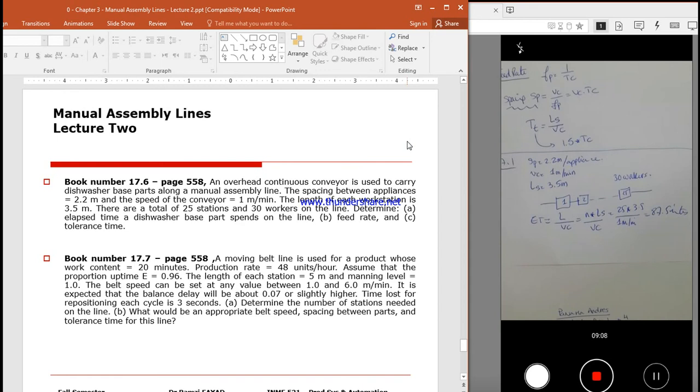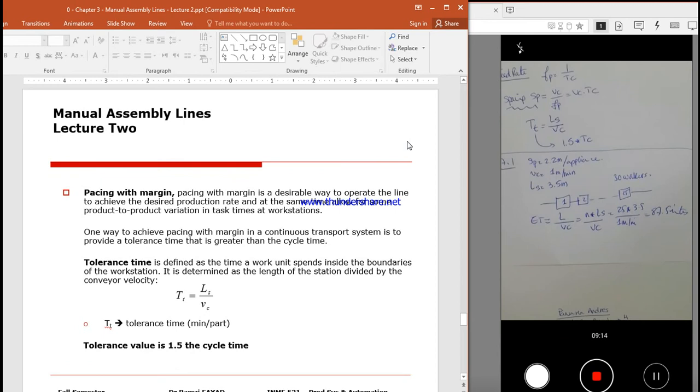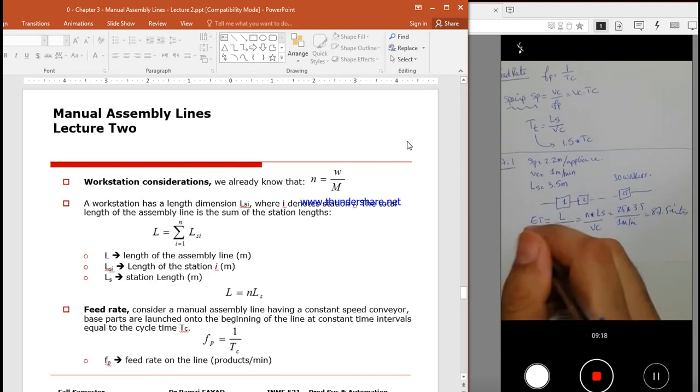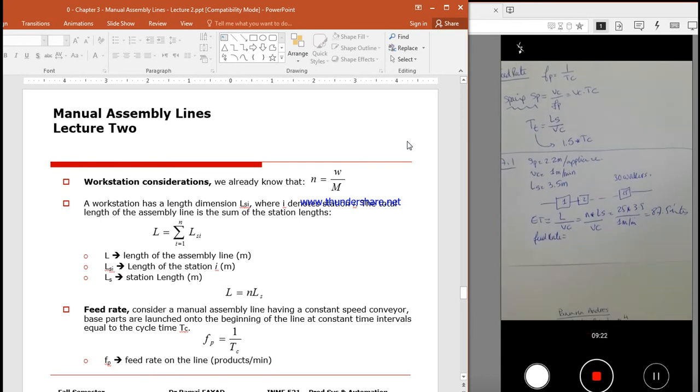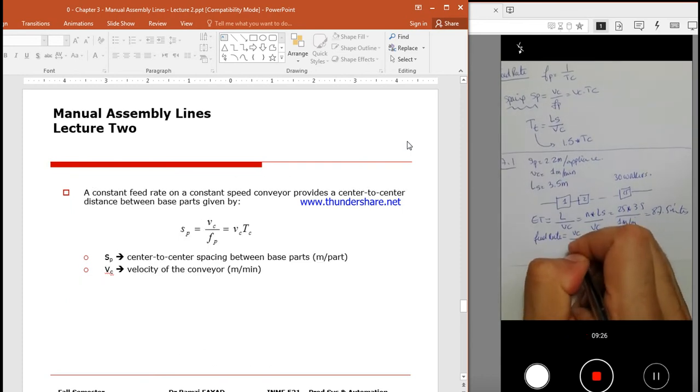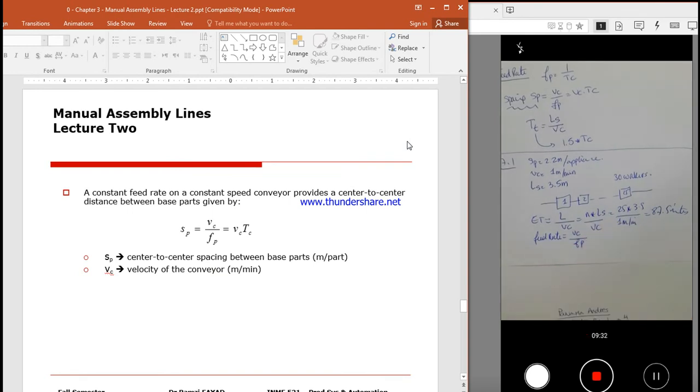The second point: we need to calculate the feed rate and the tolerance time. The feed rate is the speed at which they are placing units on the system. From the equation, SP equals VC over FP, but we'll do it the other way around.